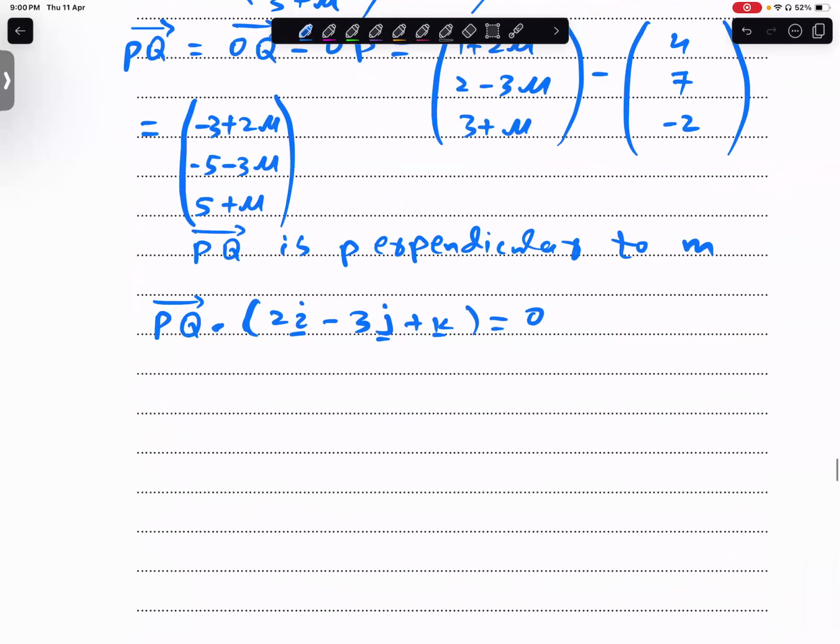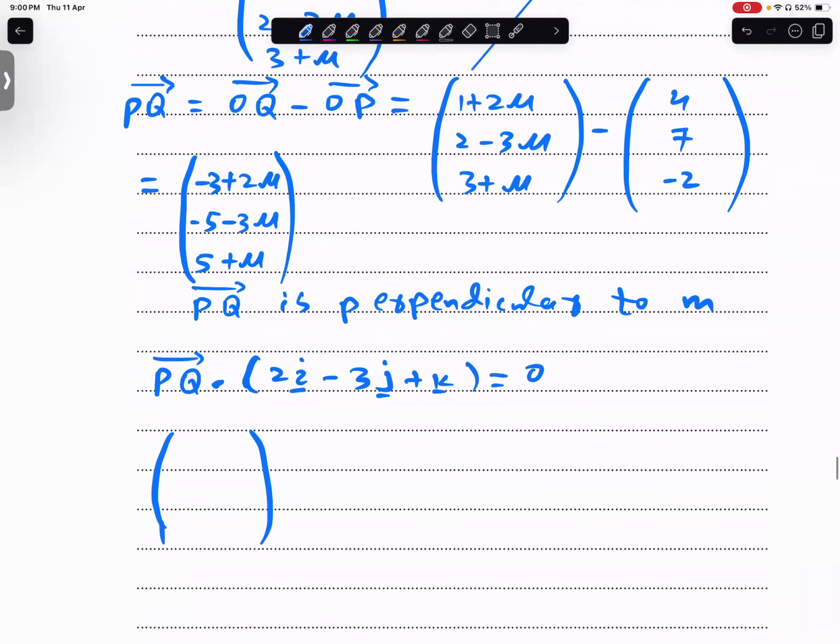So let's write PQ: minus 3 plus 2 mu, minus 5 minus 3 mu, and 5 plus mu, dot 2, minus 3, 1, equals 0.